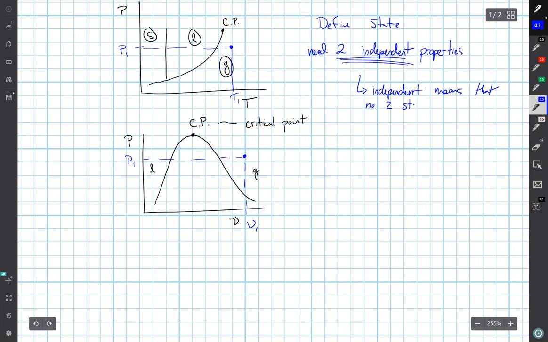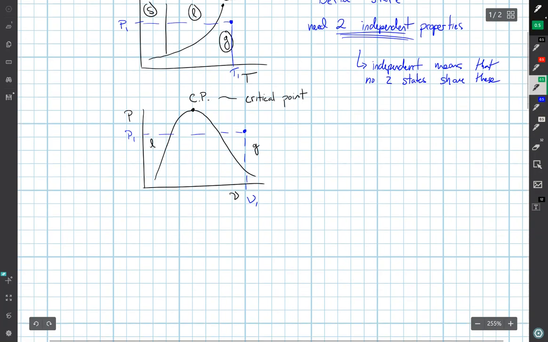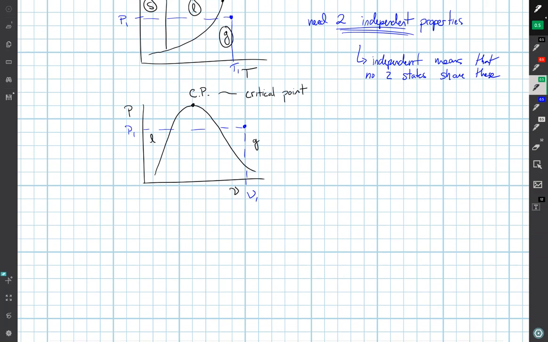Let me finish writing this: no two states share these. So that's what we mean by independent. I'll do the next little bit in green. So if we say these two points, well, let's simplify it. Let's do right on the line.